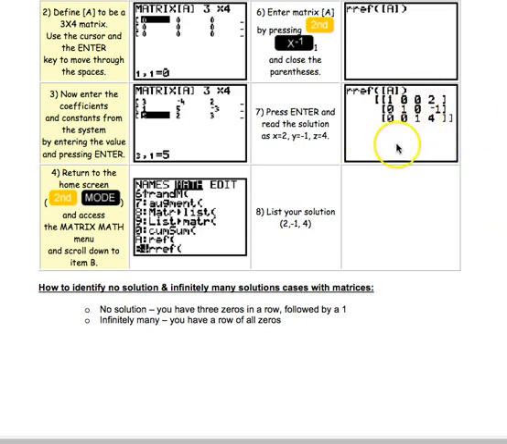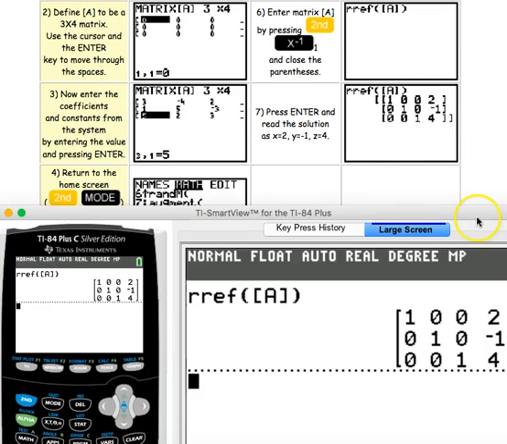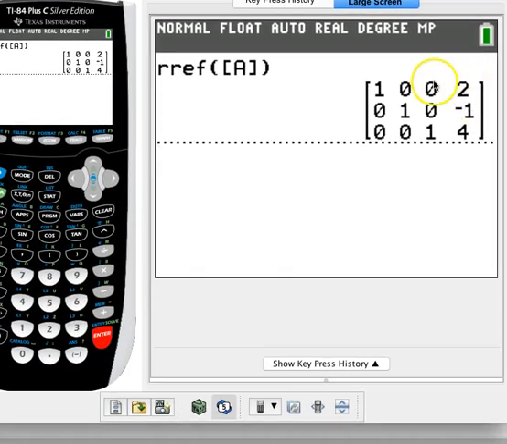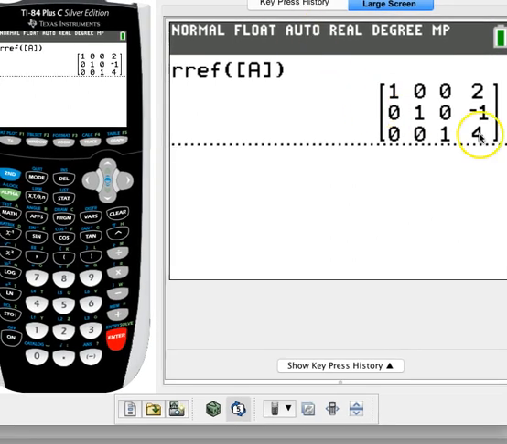The other thing that is really helpful to know when we're dealing with these matrices, in this case, my answers came out as integers, but if they come out as decimals, you can actually convert the entire matrix into fraction form, because we don't use decimals unless it's real life.